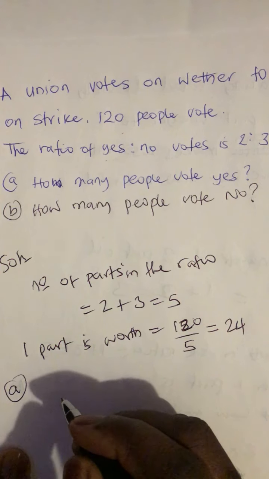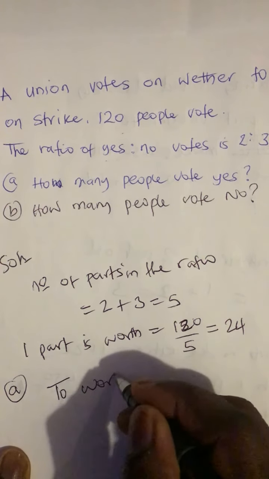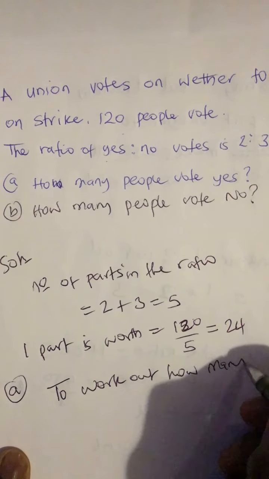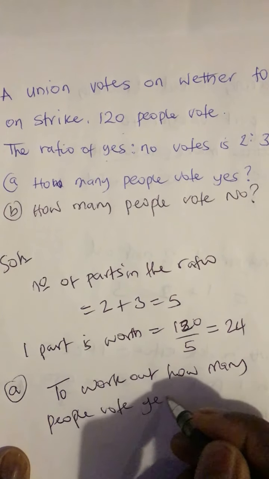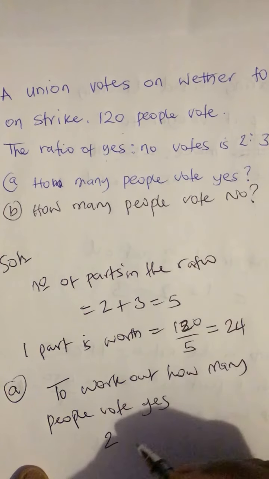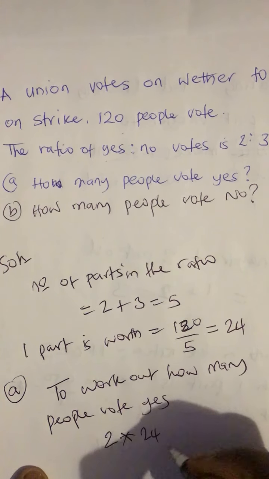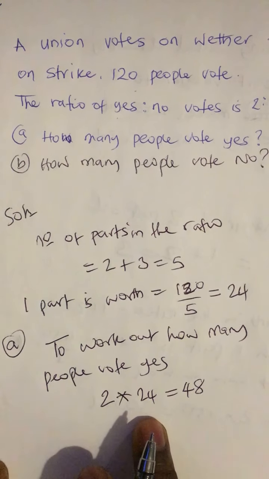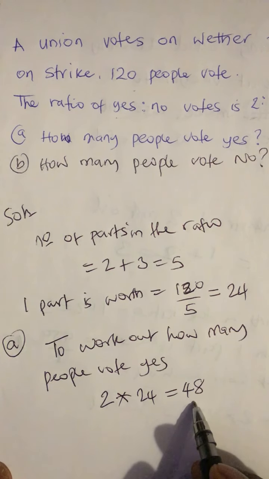So to work out how many people voted yes, we have 2 parts times the one part number, 24. This will give us 48 that voted yes.